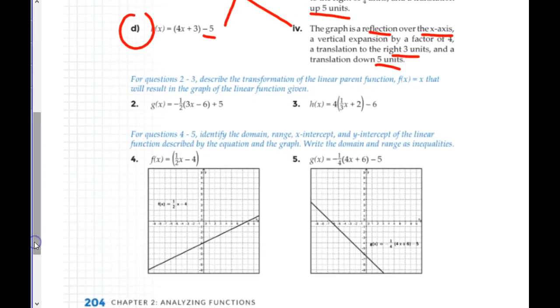Cool. Alright, describe the transformation of linear parent functions. So it's a flip over X. Okay, vertical compress.